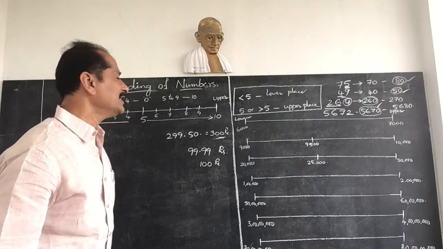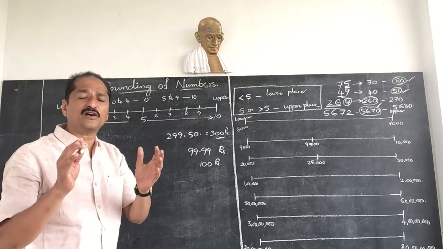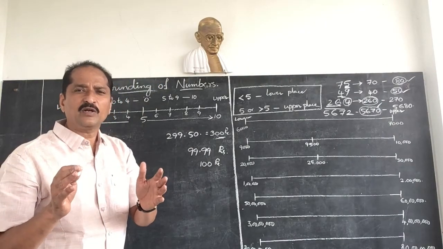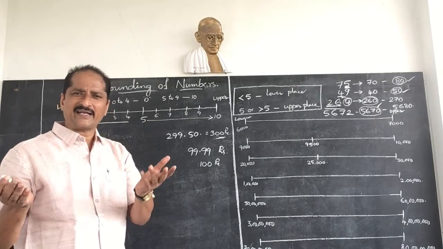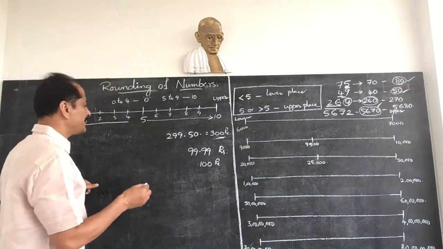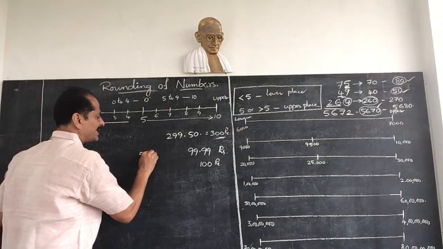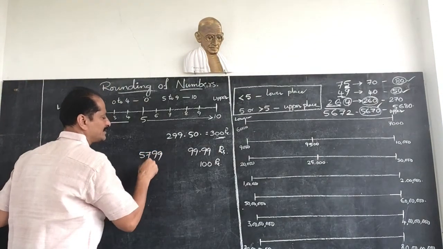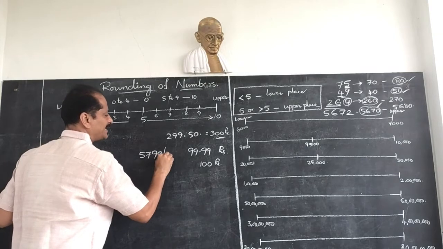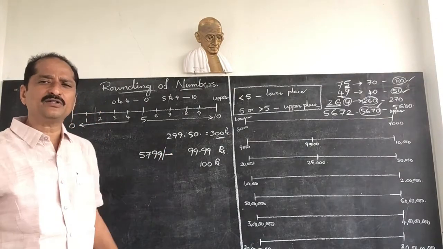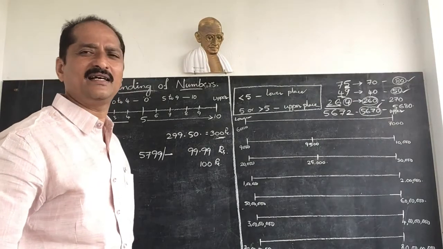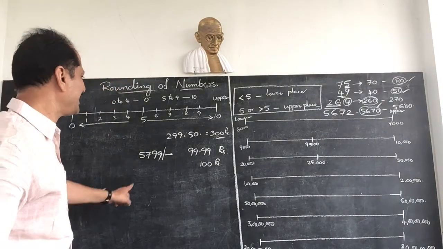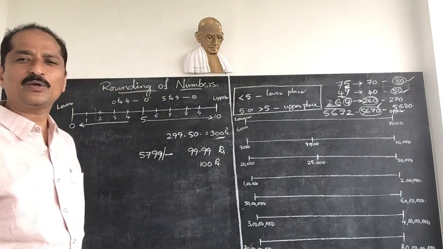For example, we go to a cloth shop and purchase a pant and shirt, and the cost will be 5,799 rupees. Round off this number to the nearest tens place. That is nothing but 99, and 99 means it is nearer to 100.